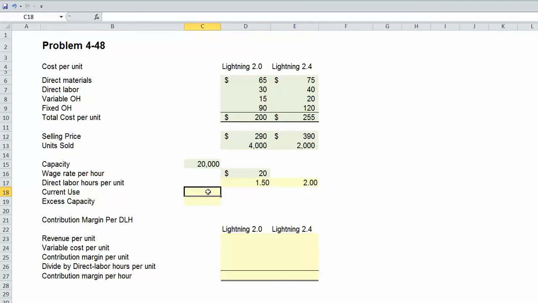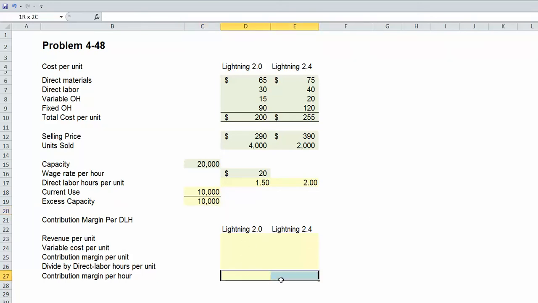Our current usage then is 1.5 hours per unit for the Lightning 2.0 times 4,000 units, plus 2 hours per unit for the Lightning 2.4 times 2,000 units, or 10,000 is our current usage, so we have excess capacity of 20 minus 10, or 10,000 hours.